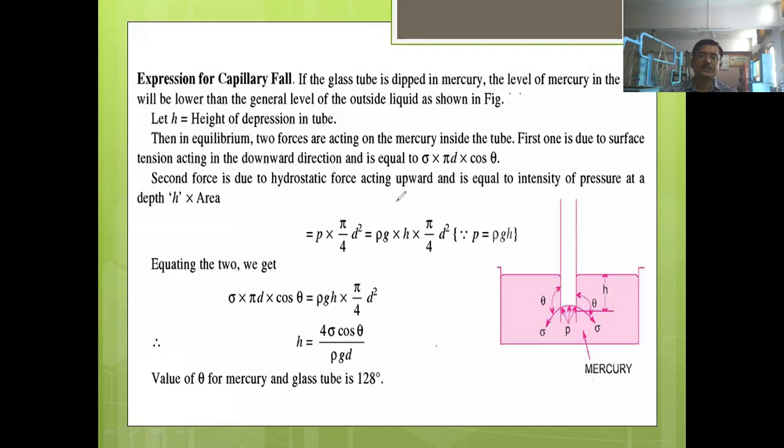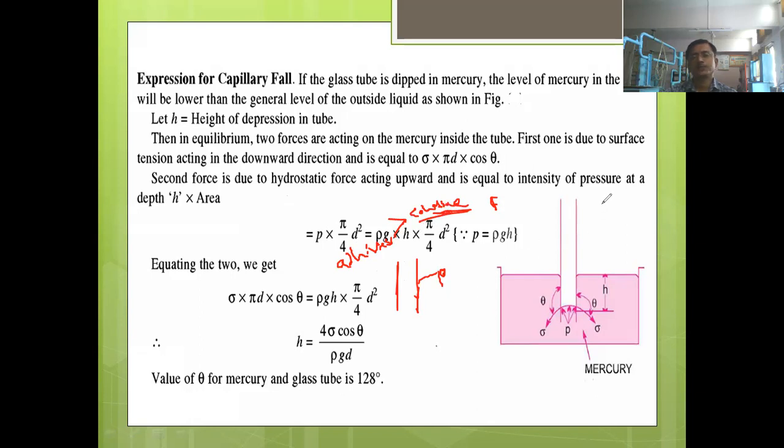Again, its answer lies in the force of attraction. In case of water and glass, the adhesive force is predominant, greater than the cohesive force between water molecules.